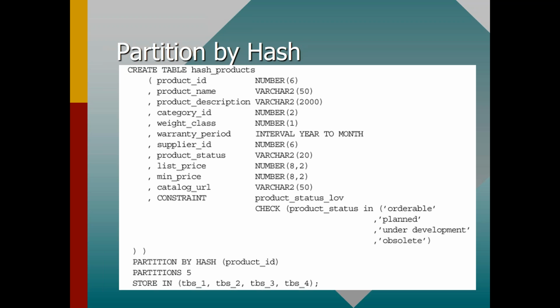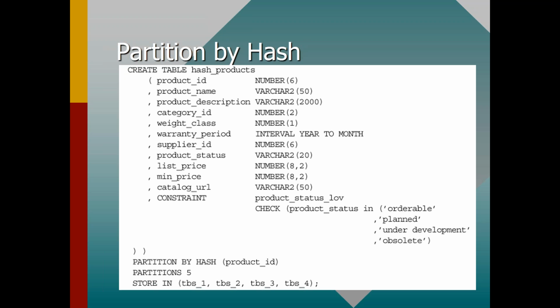Each time a product is saved in the database, we look at the product ID and, based on the hashing algorithm, it automatically decides which partition to save the data in. And once the data is saved, it can retrieve that back.